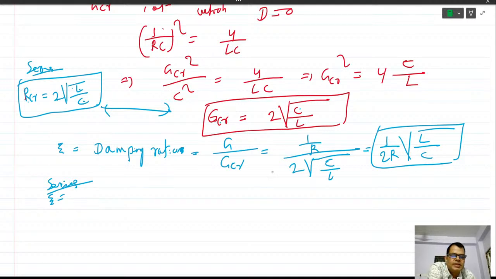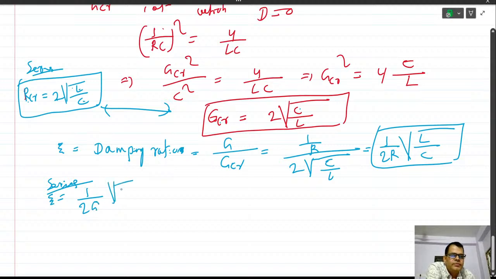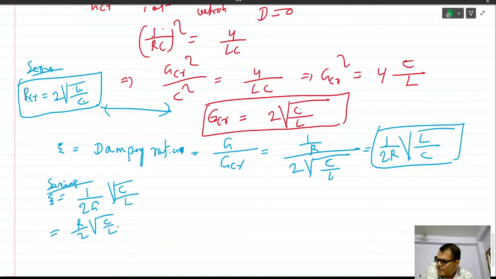Zeta for series circuit, if you look at this, you put 1 upon R in place of G because of duality. In place of L is C, in place of C equal to L, that is R by 2 into root over C upon L. Okay, R by 2 into root over C upon L. So with this duality you can easily find out the zeta. Anything left?